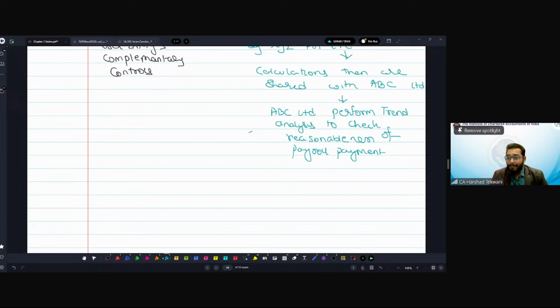Even if management is circulating that report, I as a user auditor will not only rely upon that report. Let's say they are saying the controls around the payroll are not working efficiently or they are not relevant. I will not stop at that point as a user auditor. I will go and perform substantive testing to gather more audit evidence.